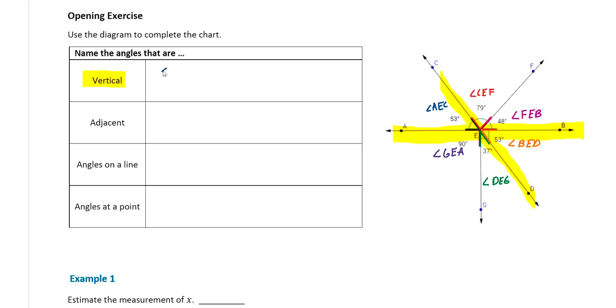So I will say that angles AEC and BED are vertical. It's our first pair. Do we have any more pairs? We do.